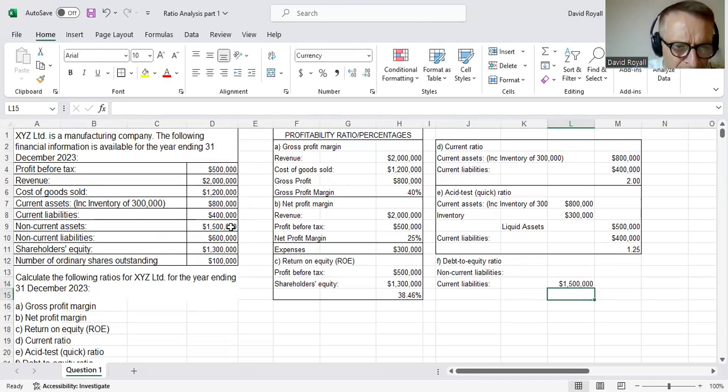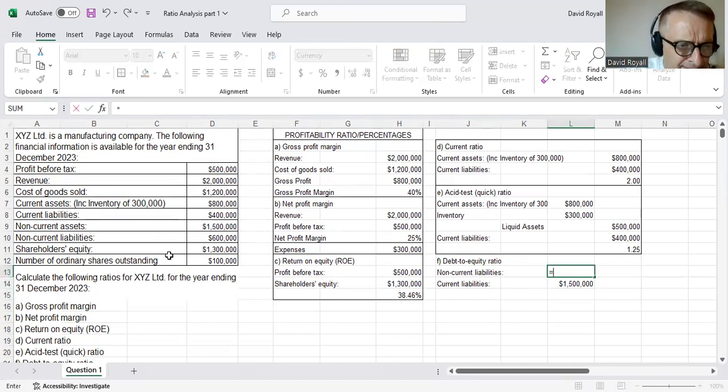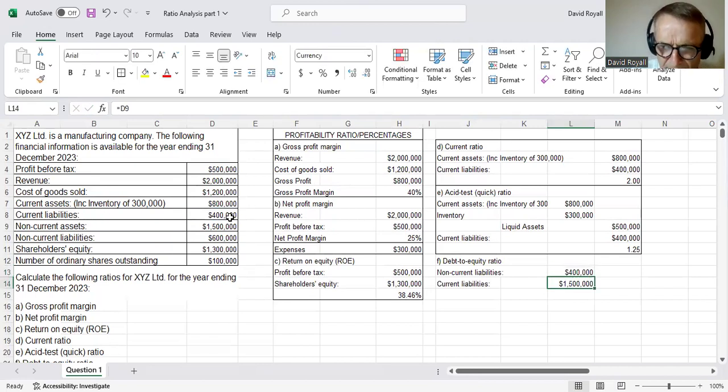That's a lot of current liabilities, but the non-current liabilities is relatively low. But a debt is a debt. Whenever you've got to pay it, you've got to pay it. So we've got two lots of debt here, current liabilities and non-current liabilities.